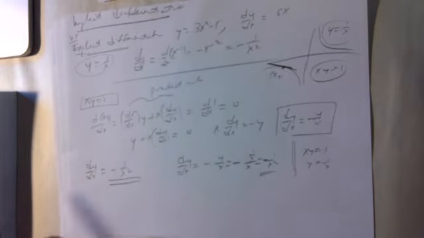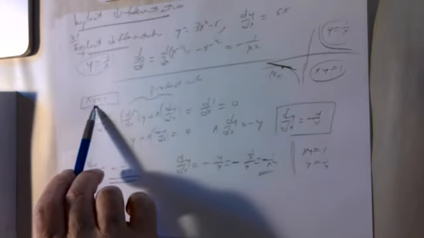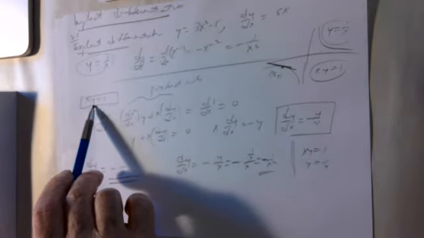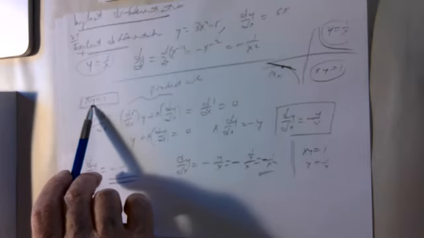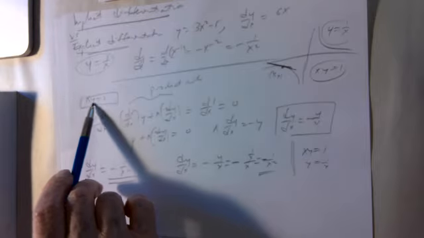But the difference is, here I had y explicitly as a function of x. Here I have y implicitly as a function of x. It's implicit because I don't have an expression that says y equals something.